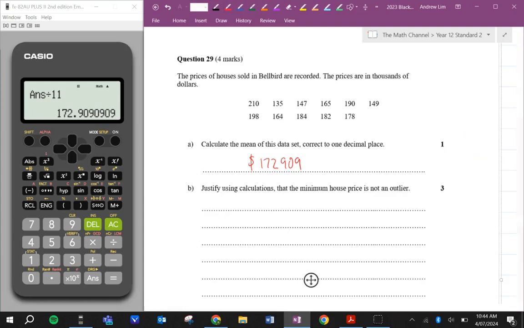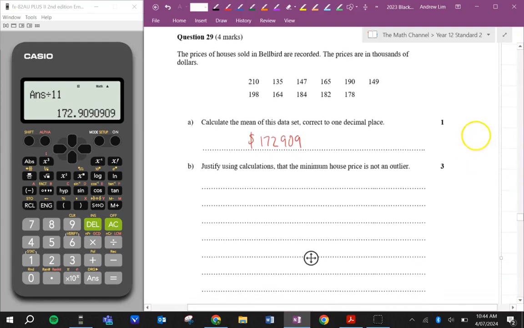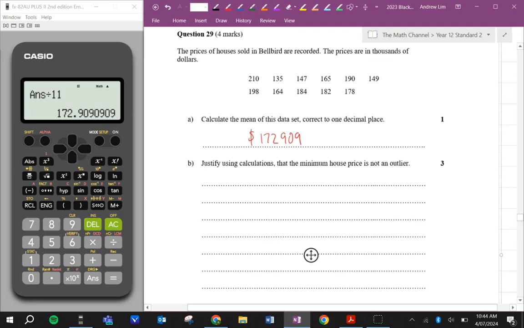Now, justify your calculations that the minimum house price is not an outlier. So I will probably need to put these in order. So I think 135 is the smallest.